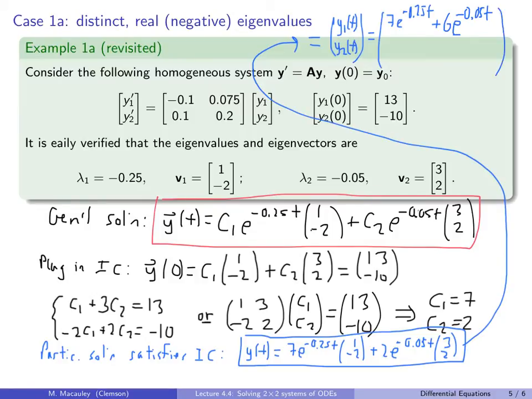It's on top, and then on bottom, it's going to be negative 14 e to the negative 0.25 t. I think you can see what that is, right?